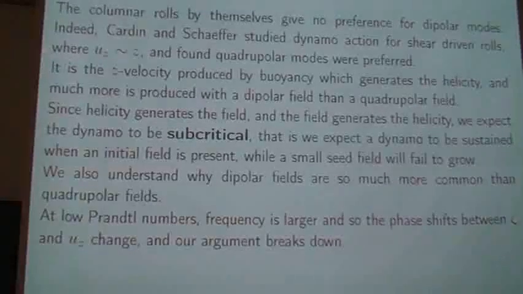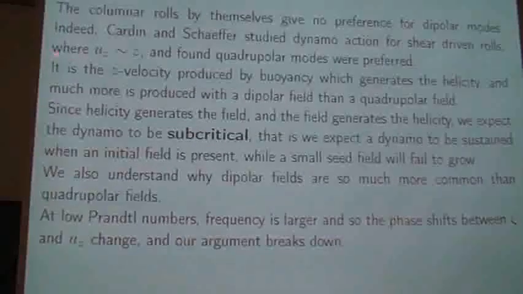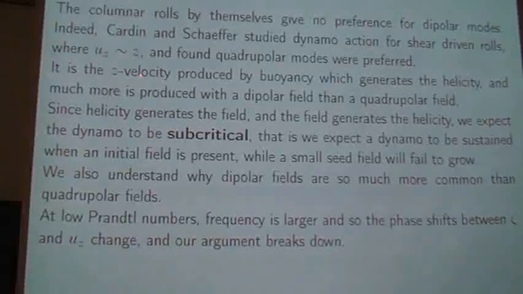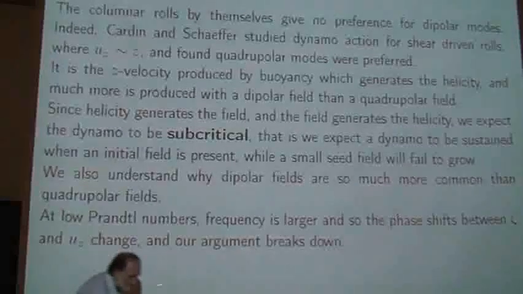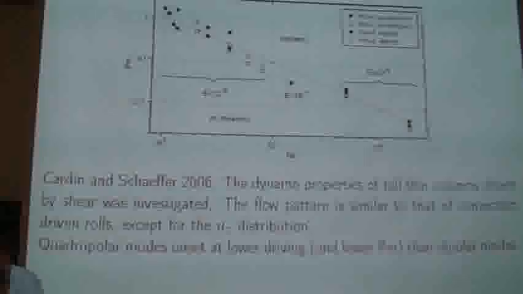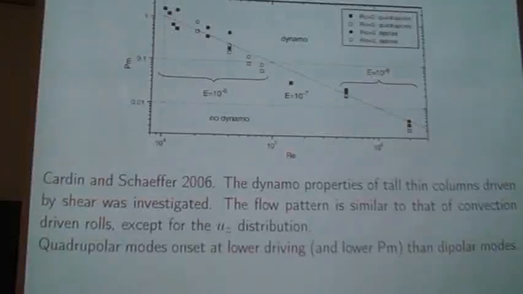They made the assumption, which is quite a reasonable one for their configuration, that UZ was just proportional to Z. And when they did that, they found that quadrupolar modes, in fact, were preferred. So that even in these roll-type configurations, you can get quadrupolar modes if you don't have this business about the helicity affecting the magnetic field affecting the helicity.